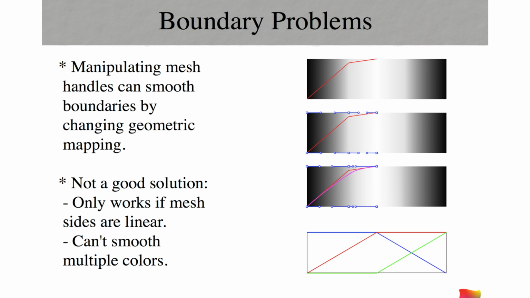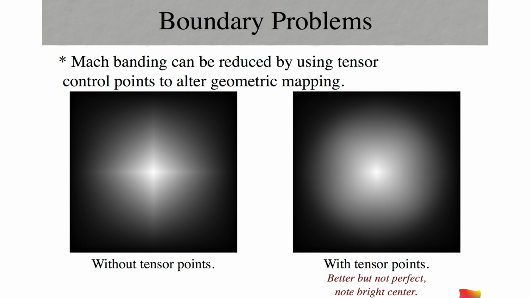You can manipulate the mesh handles. In one dimension it works fine, but in 2 dimensions it doesn't really work. Now you can add tensor points, and I think we will end up with tensor points, which allow you to control a little bit of the flow of the color inside those squares. It helps, but it's not perfect.